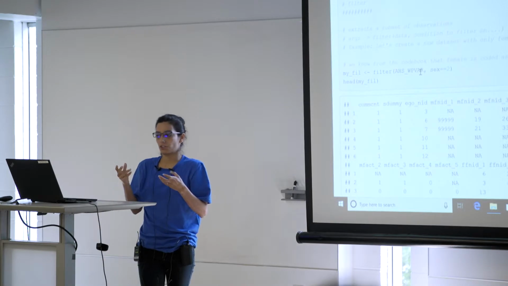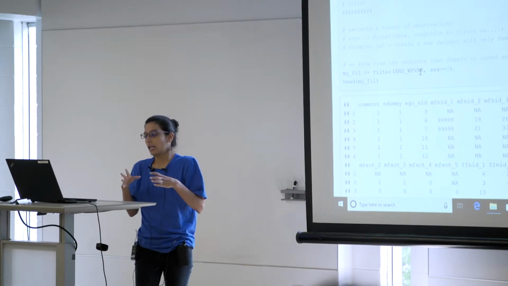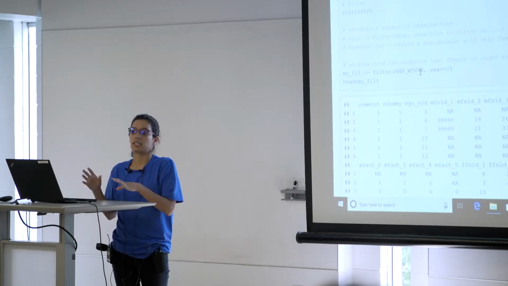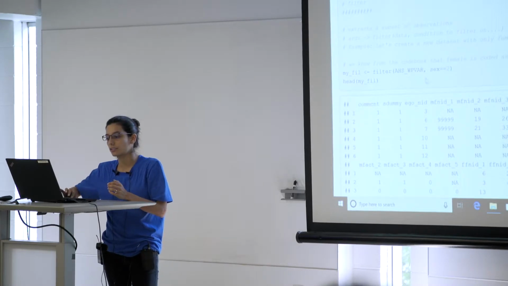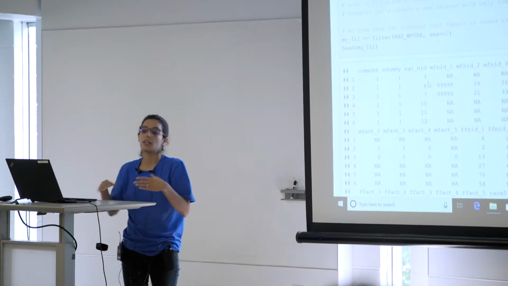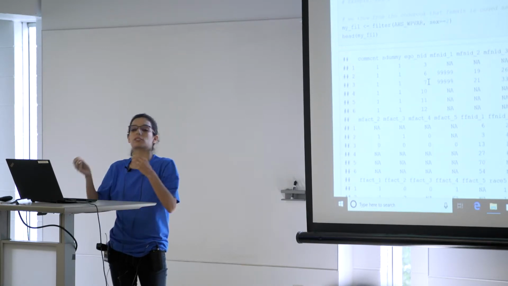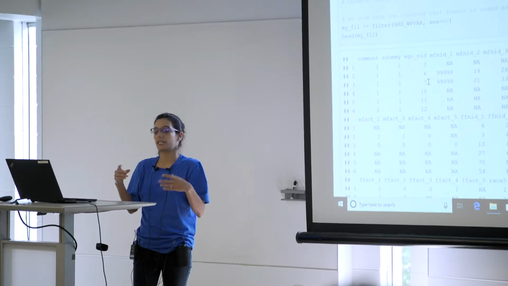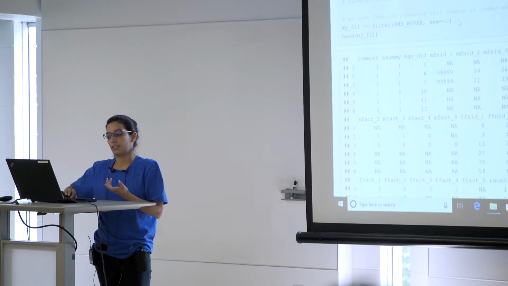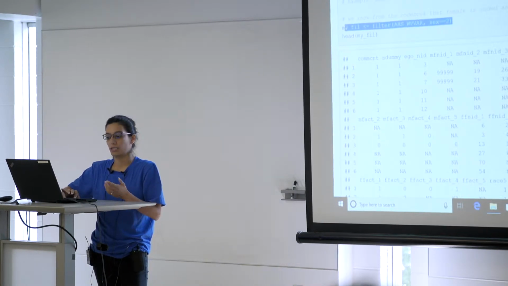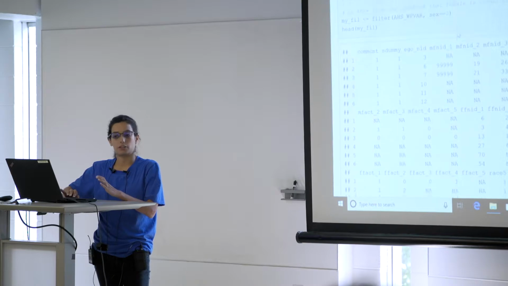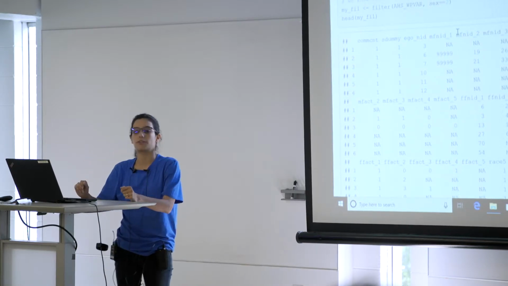So the filter function allows you to extract not columns, but observations. Let's say that you only want to have female respondents in your data set. Because we saw from the data exploration part that female is coded as 2, we can simply run the filter function and get only females.